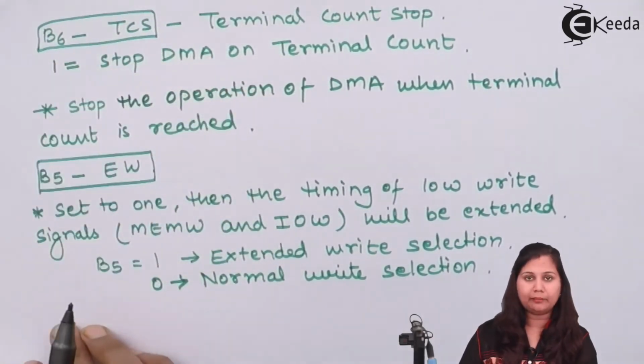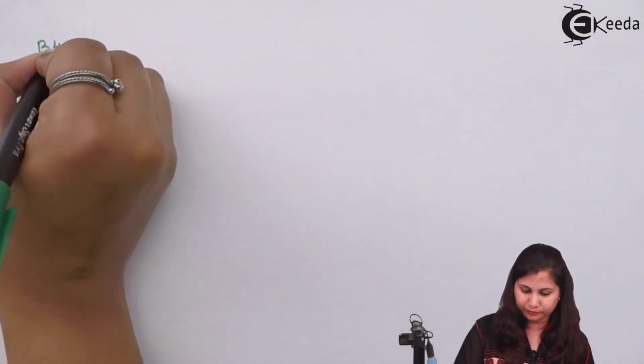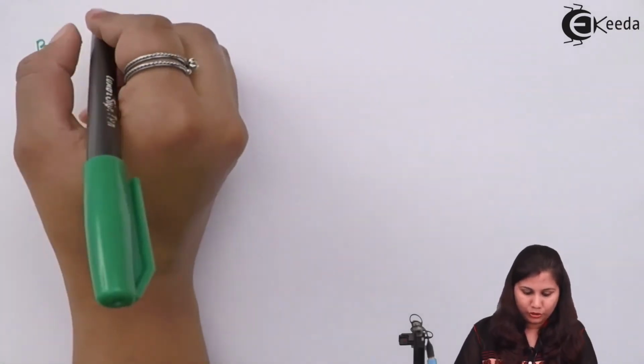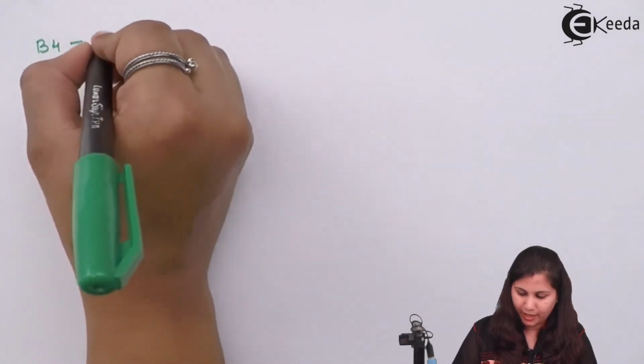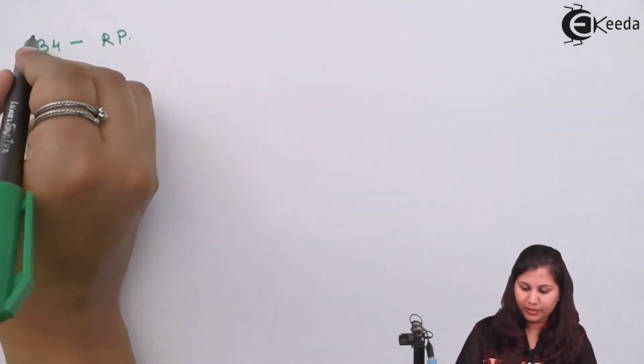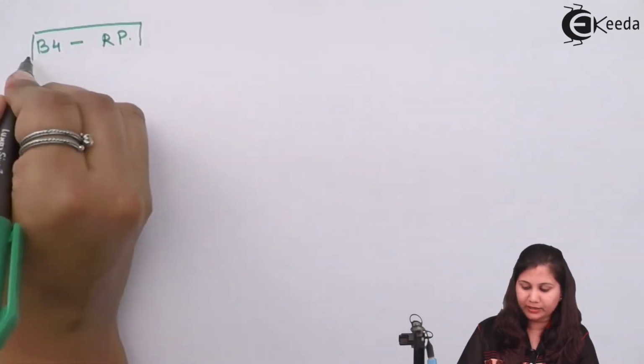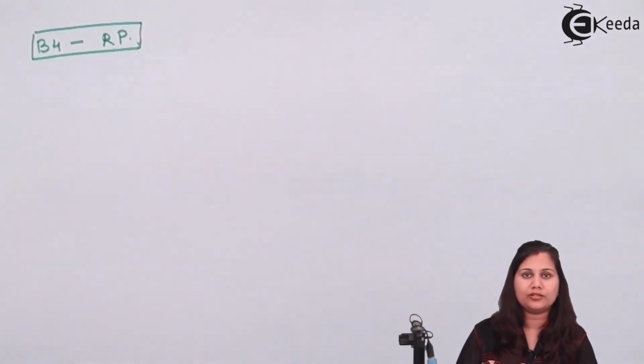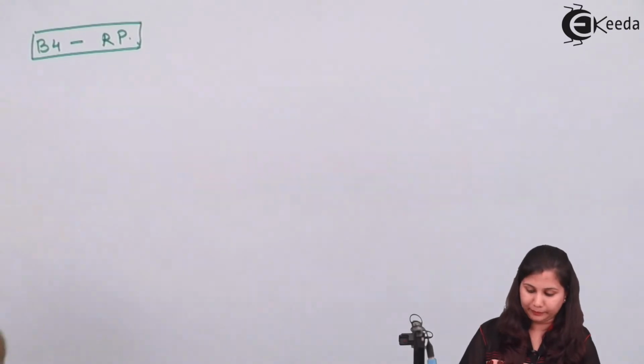Then we have bit number 4. So bit number 4, it is RP, and this bit is used for rotating the priority of the 4 channels of the DMA.